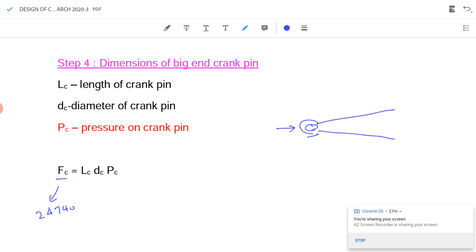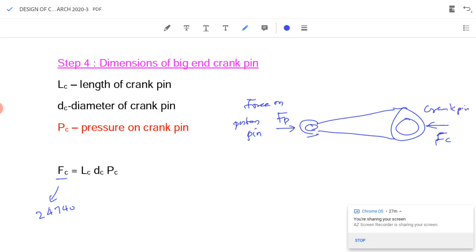This is the force on the piston pin, and that same force will be the force acting on the crank pin also.